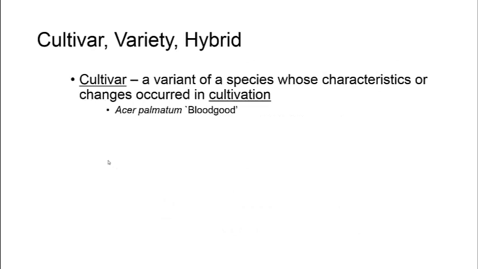Then with modern horticulture we also have cultivars, varieties, and hybrids. A cultivar is a variant of a species whose characteristics or changes occurred in cultivation. The word cultivar is short for cultivated variety. An example is the Bloodgood Japanese maple, Acer palmatum 'Bloodgood'.